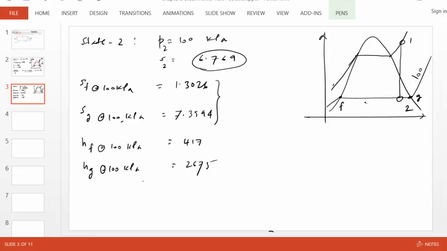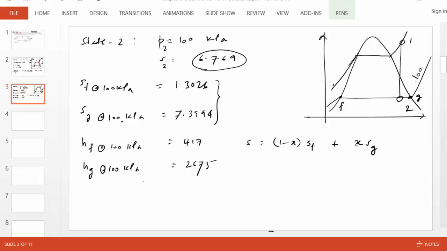But now that we know it's a mixture, we have to figure out what is the quality of the mixture. How do you do that? We know S is given by (1 minus X) times SF plus X times SG. In other words, X is the weight.